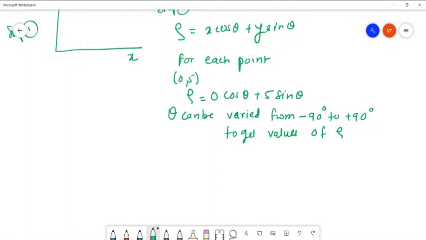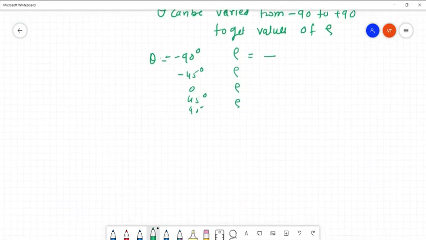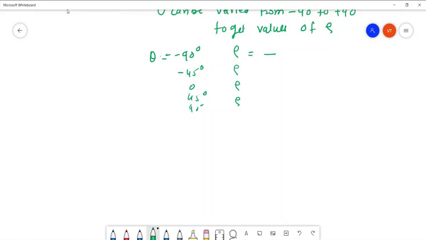So change the value of theta, suppose, to minus 90. What will be the value of rho? That you have to write corresponding values. Similarly, for minus 45 degrees, then you can have 0 degrees, plus 45 degrees, 90 degrees, and so on. You have to compute rho for the corresponding values of theta. Similarly, you will do it for all other points.